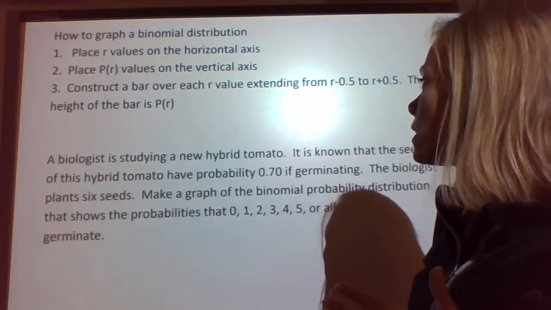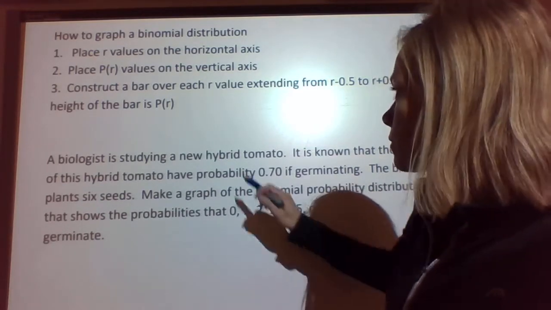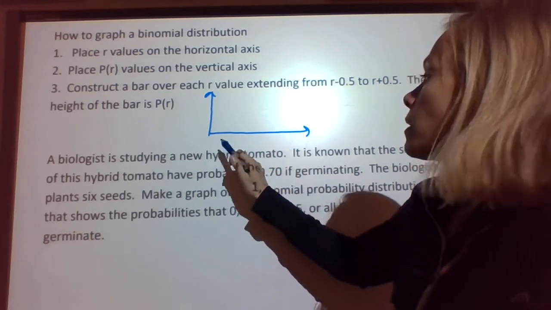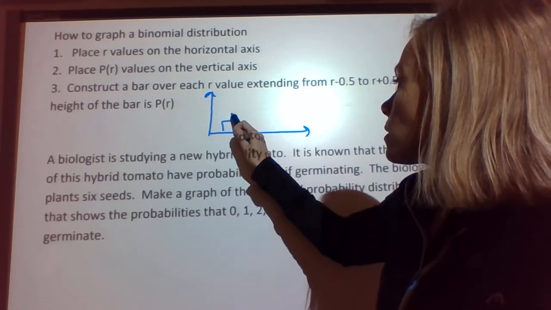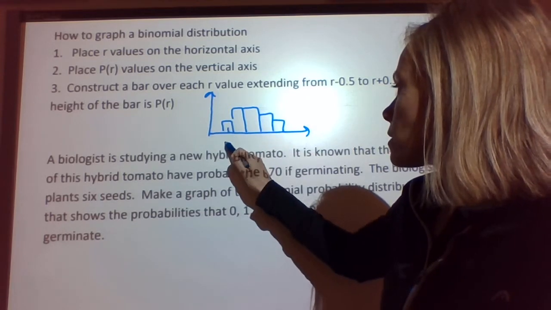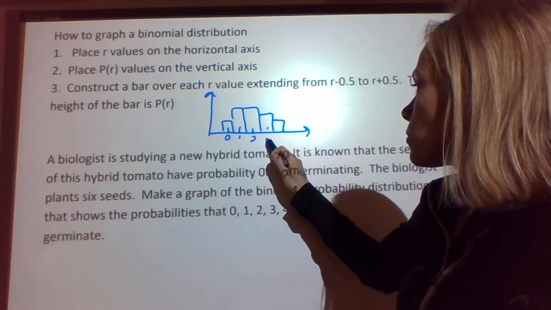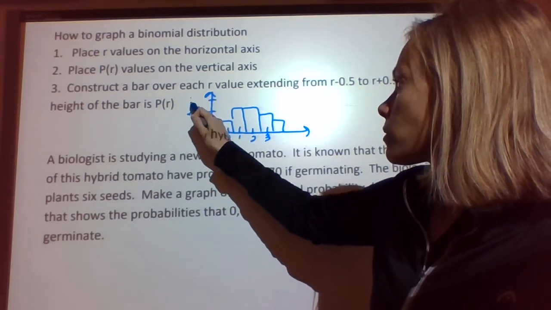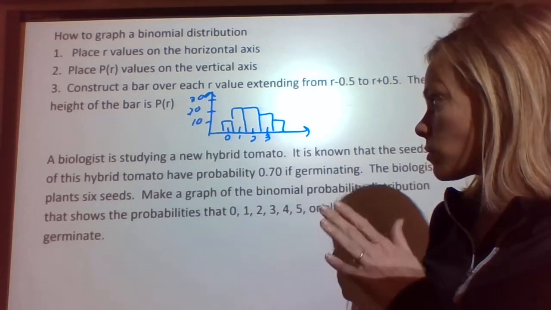And this is going to look like a histogram. So if you remember from a couple of chapters ago, when you get done, it should look something like this. This would be 0 puppies, 1, 2, 3, and then the probability over here: 20%, 30%, 10%, and so on.